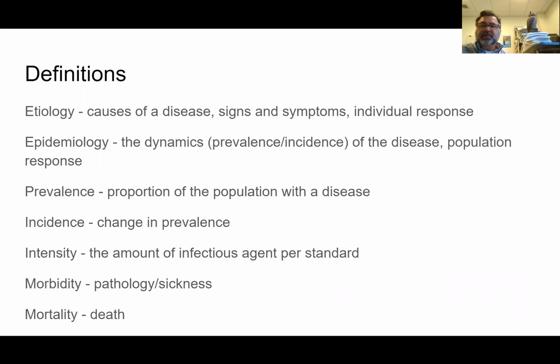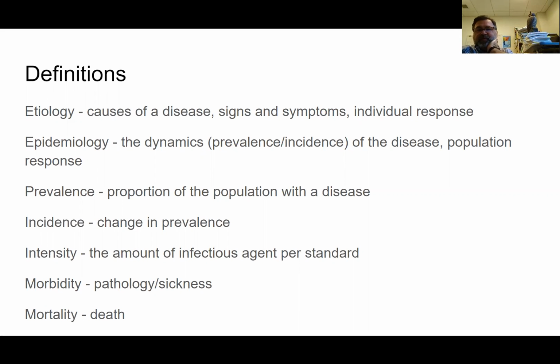The prevalence of a disease is the proportion infected with a particular disease. And so that ranges between 0, so that would be nobody has it, and 1, which would be everybody in the population has it. The incidence of a disease is the change in prevalence. So it's the rate of increase or decrease in a population.